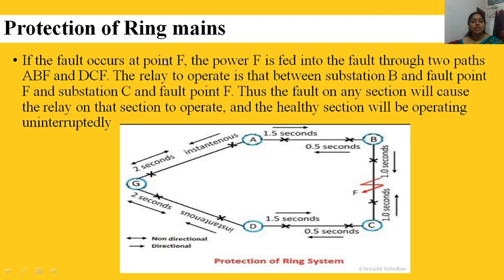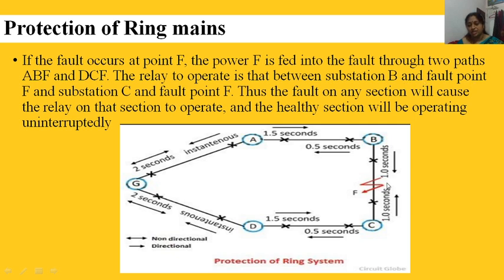If a fault occurs at point F, the power is fed into the fault through two paths, ABF and DCF. The relays to operate are those between substation B and the fault point.